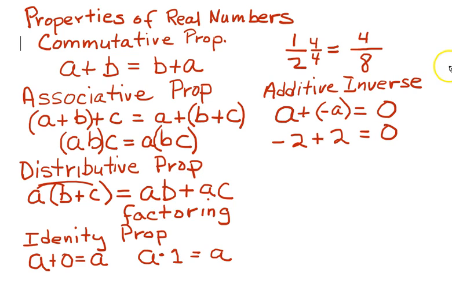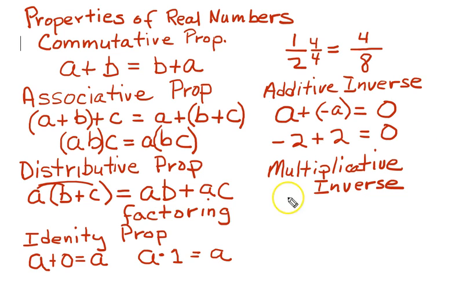And we also have what is called the multiplicative inverse. That'll be our last one for today. Now, the multiplicative inverse, or sometimes referred to as the reciprocal of something, is if you have a term A, and you want to get that to be equal to a 1, what do you multiply it by?